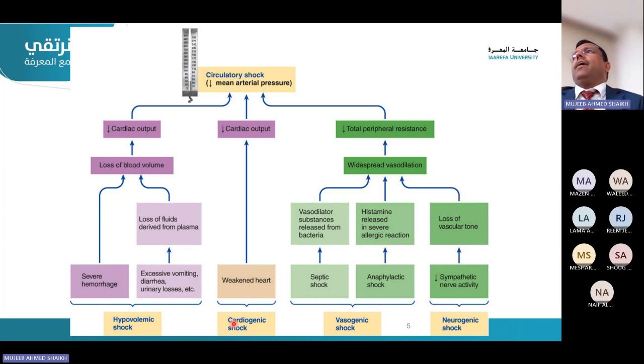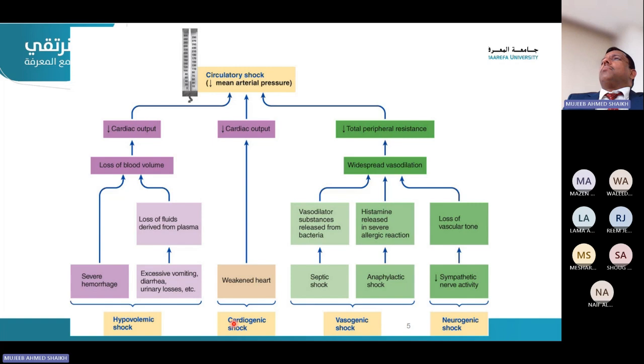And also, if the tissue did not receive oxygen, how will be the metabolism? Which type of metabolism will occur? Anaerobic. Very nice. Usually the metabolism is aerobic, with utilization of oxygen.